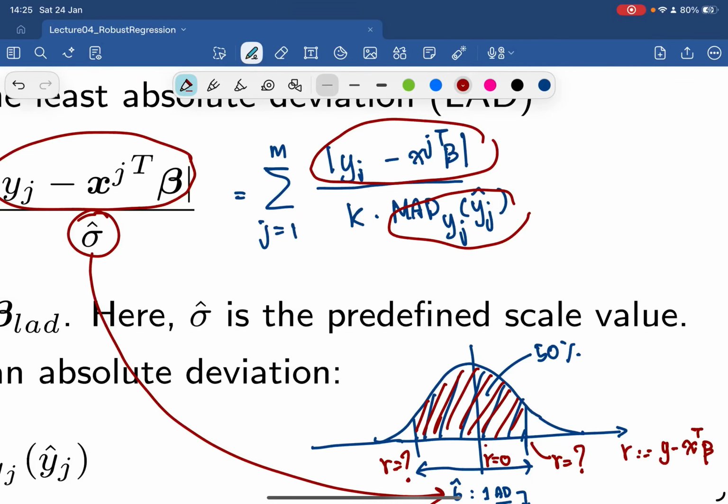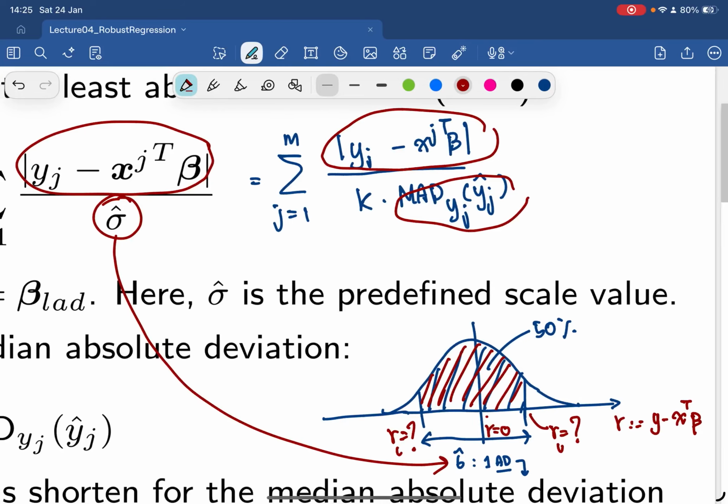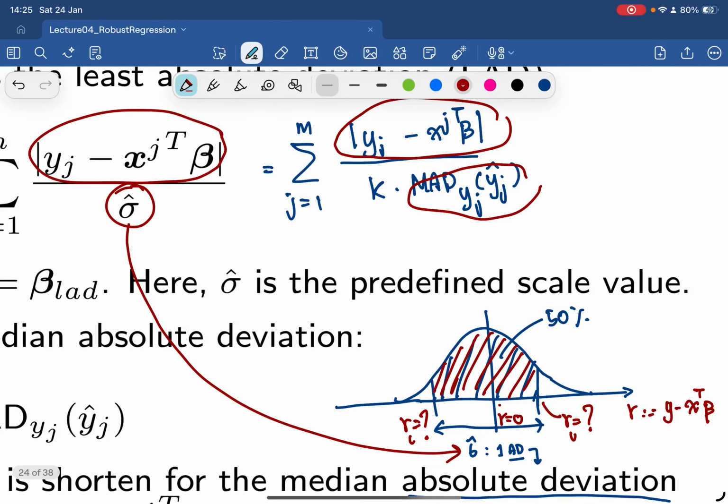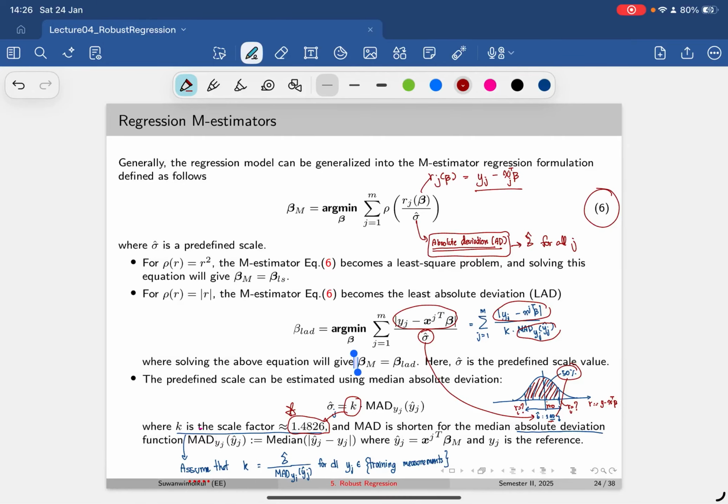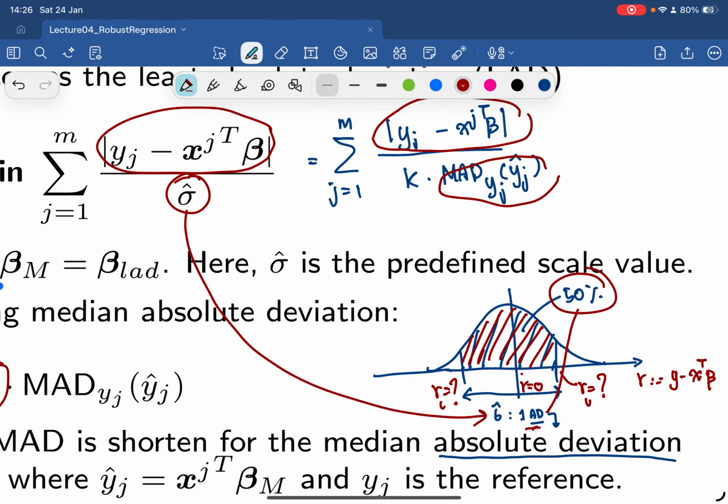You have to find the upper bound and the lower bound for your r, such that this sigma here will cover 50%. Because absolute deviation is, by definition, only 50%. And we also assume that the distribution of this residual will be the normal distribution.